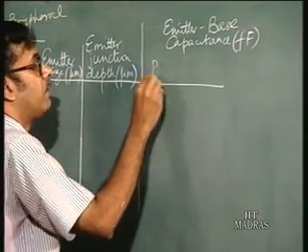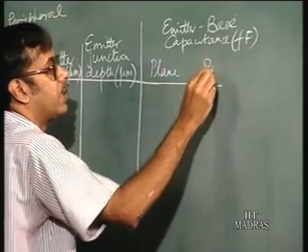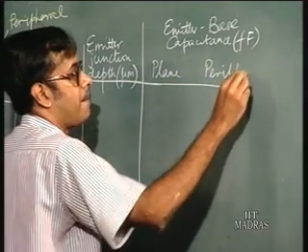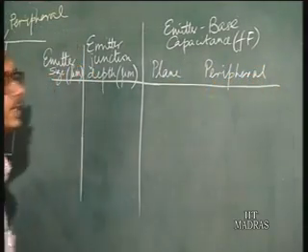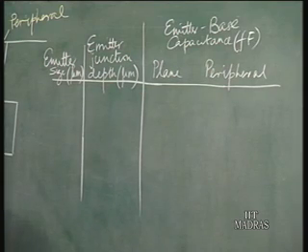This is the plane component and the peripheral component. Some data I am just going to write here. So, emitter size in micron.